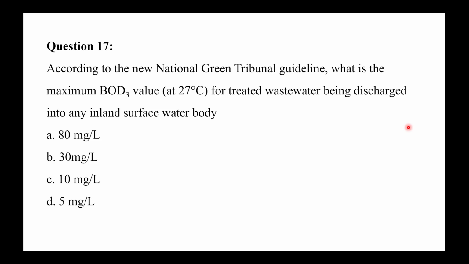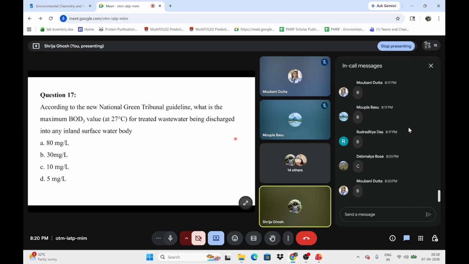Option A, 80 mg per liter; option B, 30 mg per liter; option C, 10 mg per liter; and option D, 5 mg per liter. What would be the correct answer? All of you write your answers in the chat box.